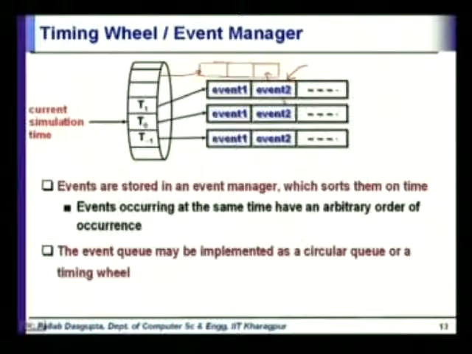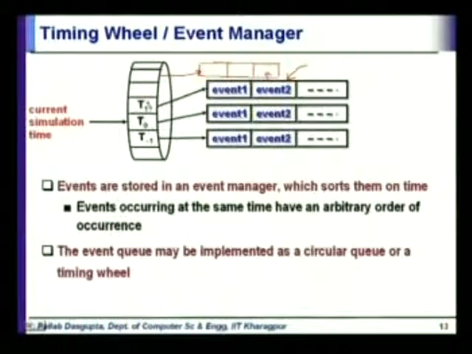And the one which is going to be created after 5 time units is similarly going to be placed in that position of the timing wheel, right. And the simulator will always be in the current simulation time, it will complete all the events in the current simulation time and then move on to the next place, right. Now remember that this shows T0, T1, T2 etc. T1 may not always be just T0 plus 1, it could be that this is the next time window, right.